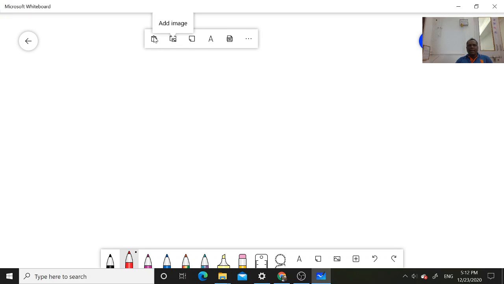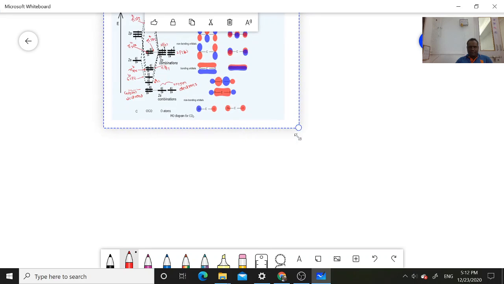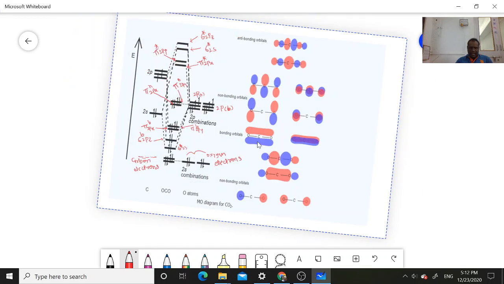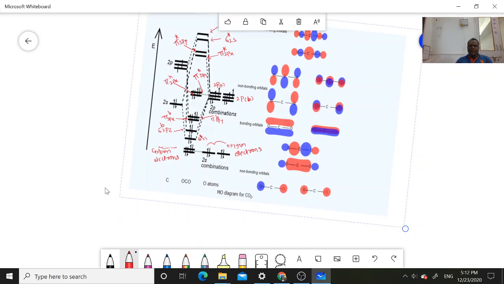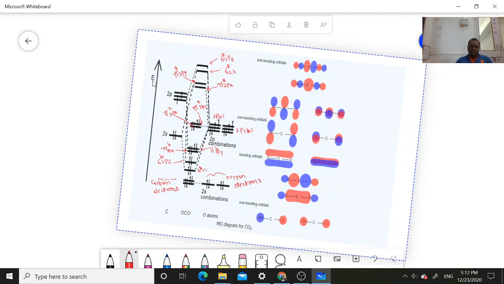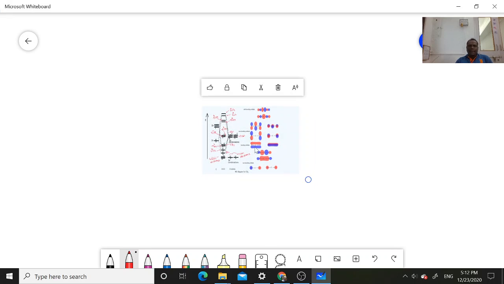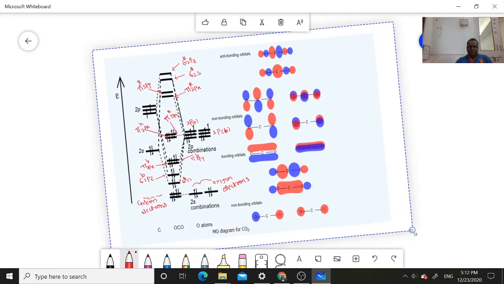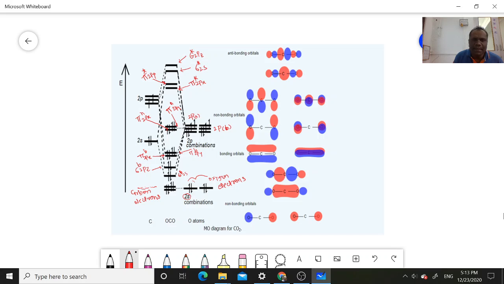Now this is the molecular orbital energy level diagram for the CO2 molecule. As I have told you, these are the 2s electrons: two electrons from one oxygen atom and two electrons from the other oxygen atom.